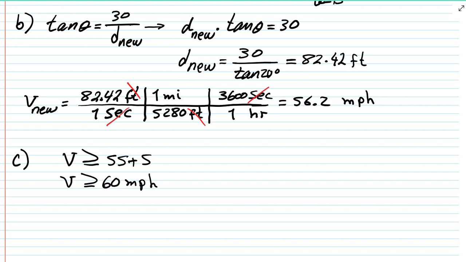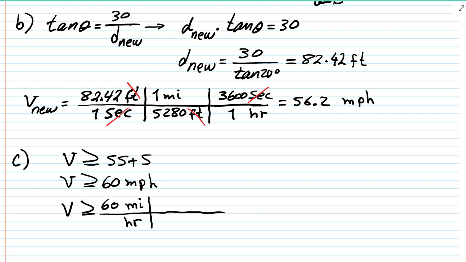So we're going to do it kind of like we did in parts A and B, right? We need to convert these. So if the velocity is greater than or equal to, in terms of feet per second, I'm going to do 60. Now check how this is going to work out. We want to convert from miles per hour into feet per second, because the distance is given in feet, right? In order to find the measure of angle theta, I have to have this adjacent side in feet.